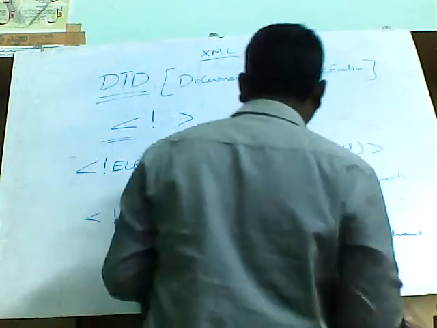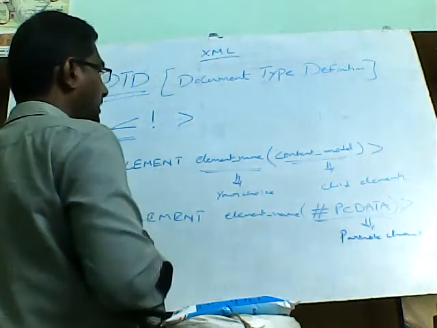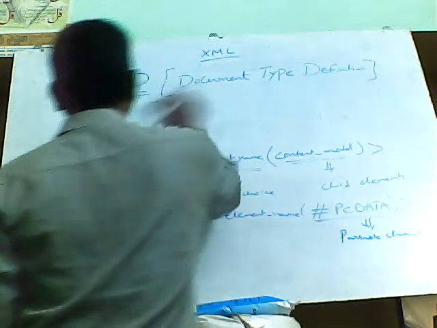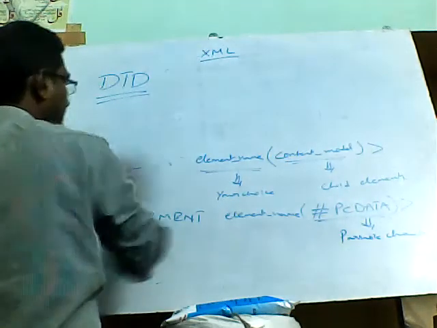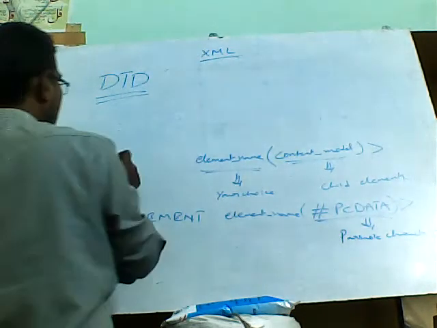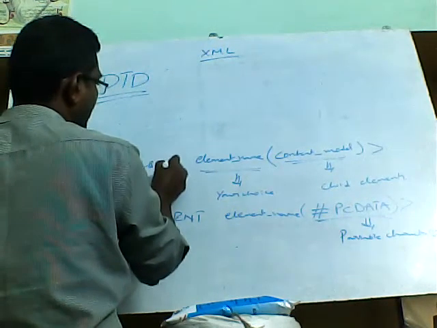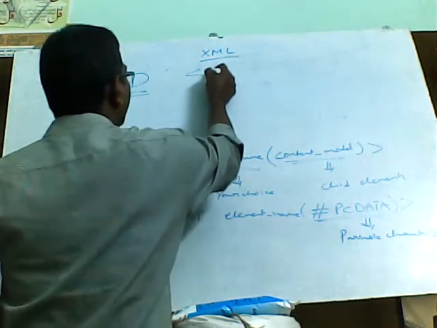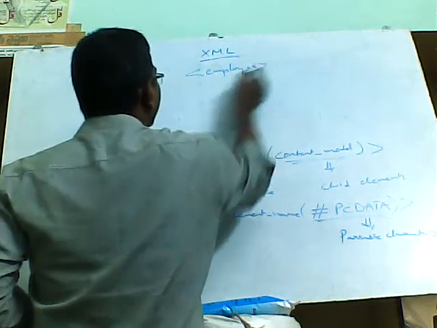Suppose I have one XML document. We will take one example and see it. I will give you the clarity. Suppose I have one XML document with employee as the root element.